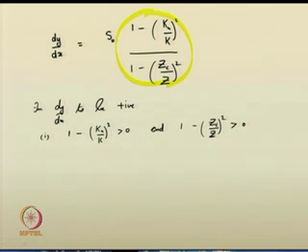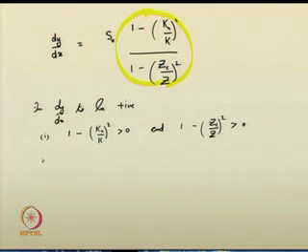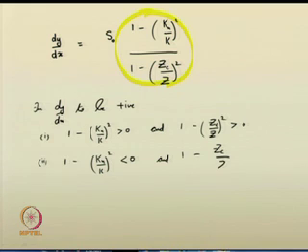Similarly, the entire quantity can become positive if 1 minus (k n by k) whole squared is negative, as well as 1 minus (z c by z) whole squared is less than 0. If this is also negative, then also the entire quantity can become positive. So, there are two cases involved here for dy by dx to be positive.